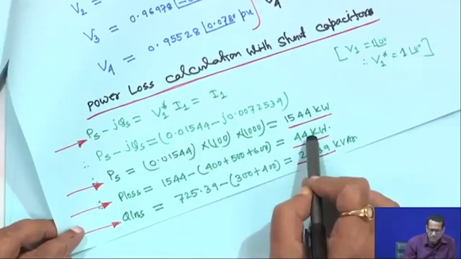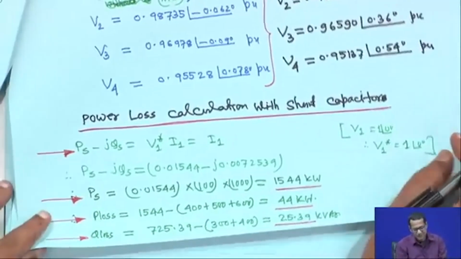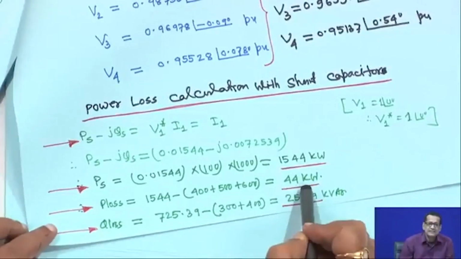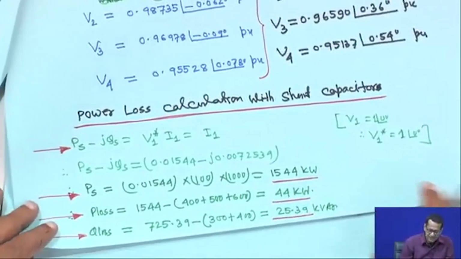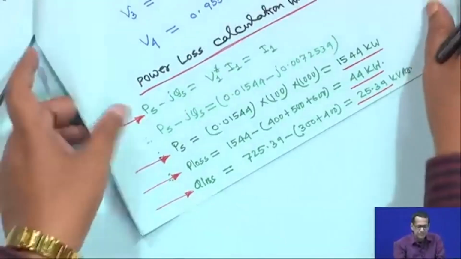So, using a shunt capacitor, the loss reduction is very significant, and that is why I told you again and again that sometimes we feel that shunt capacitors improve the voltage level.